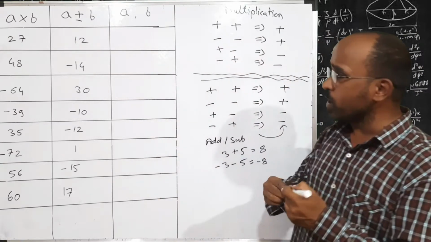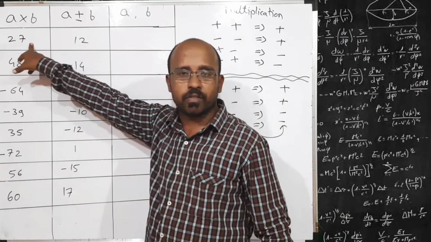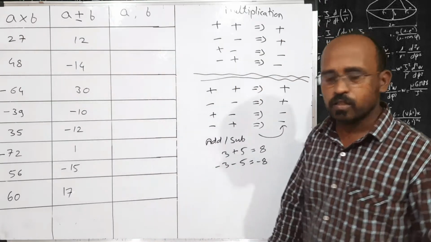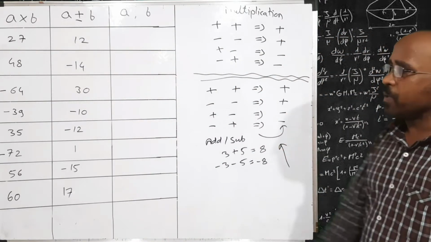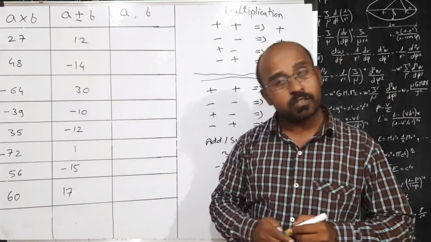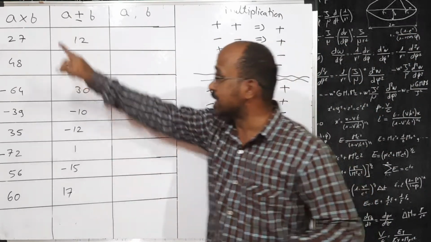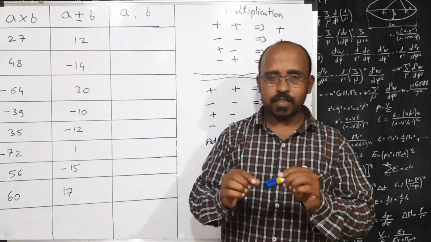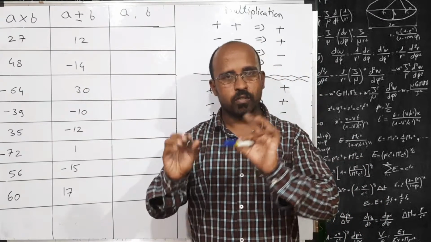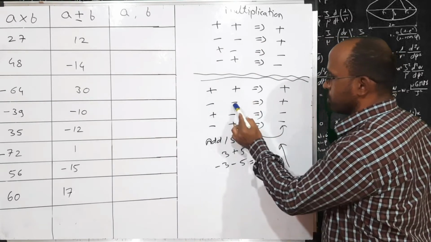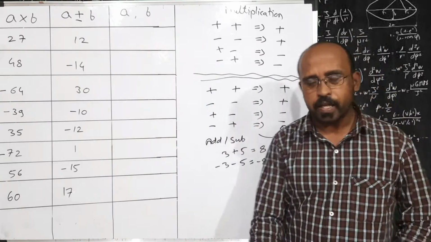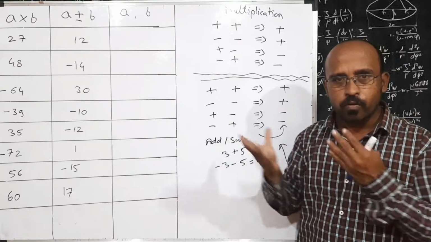Okay, let's go. Students, the multiplication is 27. Multiplication is positive 27, meaning both of the numbers, this a and b, will either be positive or negative. Clear? Means they will have the same symbol, either plus plus or minus minus. If they have the same symbol, what will we do?